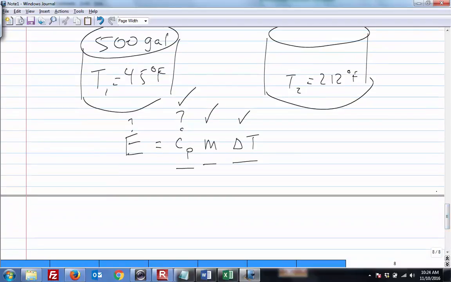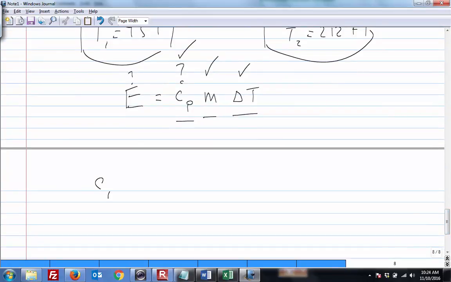So we've given this to you in Fahrenheit. We've given you the volume of water. You may or may not need to convert the volume to mass, because typically the heat capacity is given in joules. And there are many different ways to do C sub P. The units are energy per mass per temperature.